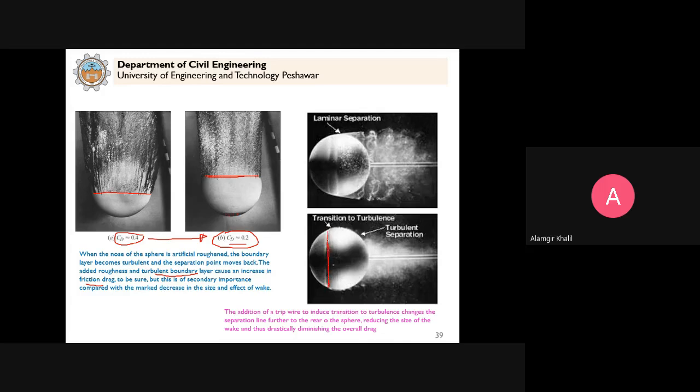So the addition of a tripwire to induce transition to turbulent changes the separation line further. You can see here, this is separation here. But now in this case, the turbulent separation is here. So reducing the size of the wake and thus drastically reducing the overall drag.